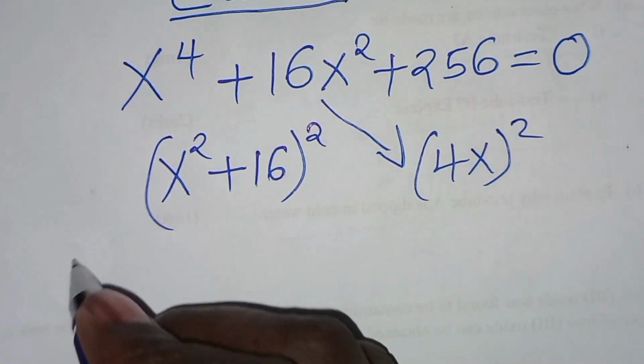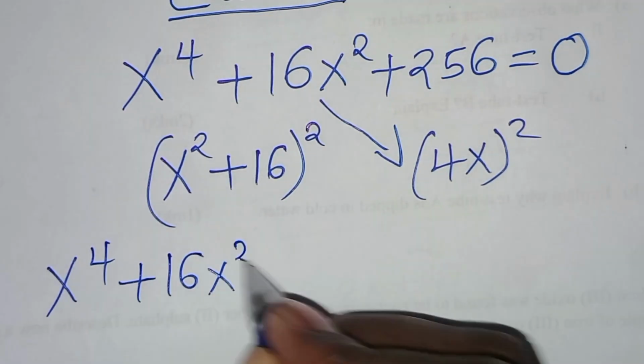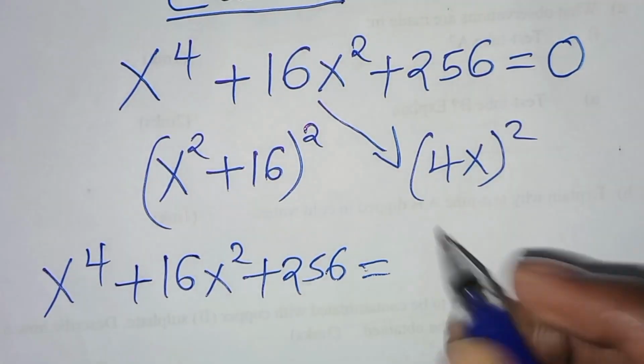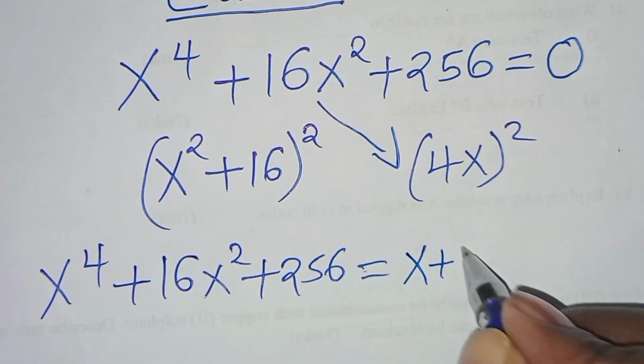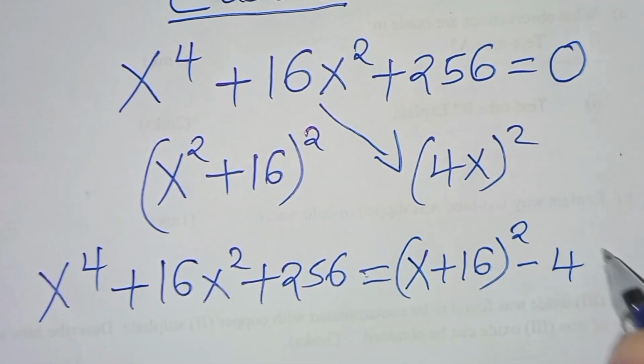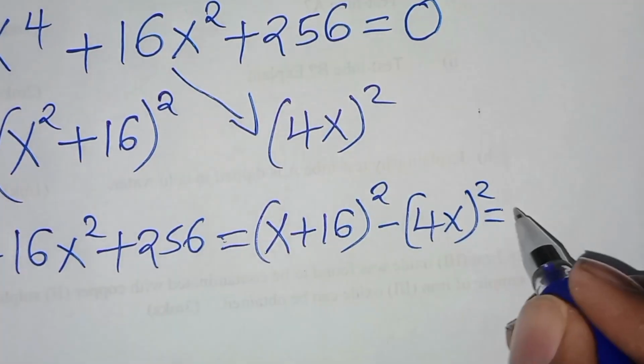That is x to the power 4 plus 16x squared plus 256. This can be expressed as x squared plus 16 squared, subtract 4x squared, this is equal to 0.